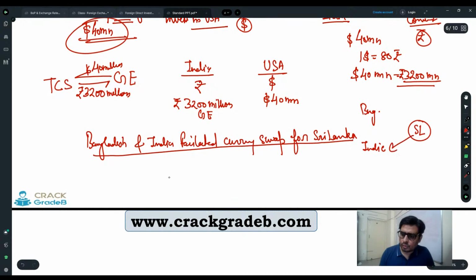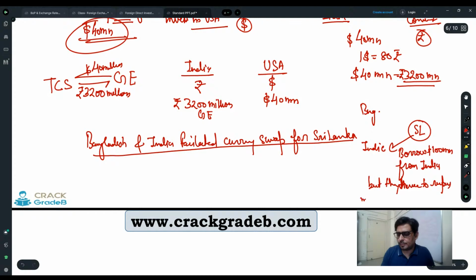Sri Lanka is going to borrow, suppose, 100 million from India, but they have to repay in INR, right?